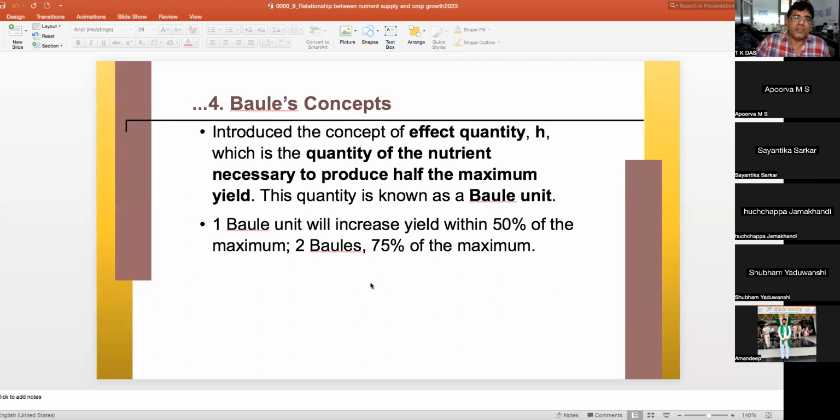He introduced the concept of effect quantity, H, which is the quantity of nutrient necessary to produce half, or 50%, of the maximum yield. This quantity is known as the Paule unit, the quantity of nutrient required to produce 50% of the previous increase. One Paule unit will increase yield to 50% of the maximum, two Paule units, 75% of the maximum.